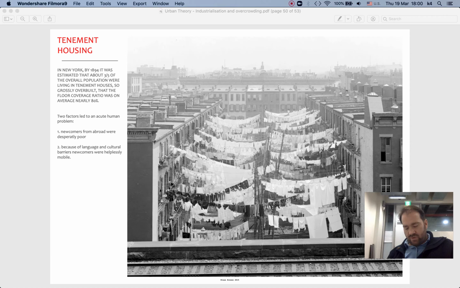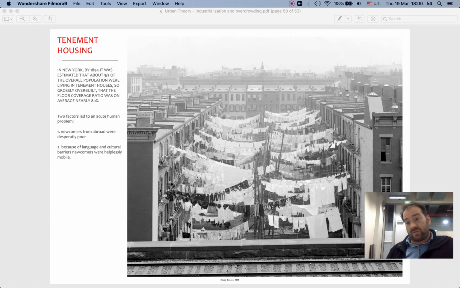There were additional problems in New York that other cities didn't have to cope with, and that was that people that came to New York were extremely poor. Often they were from Europe, fleeing from oppression, and could only take the bare minimum, and often they were already poor in their home countries, and then they arrived in New York and still didn't have a job and needed to find a new start.